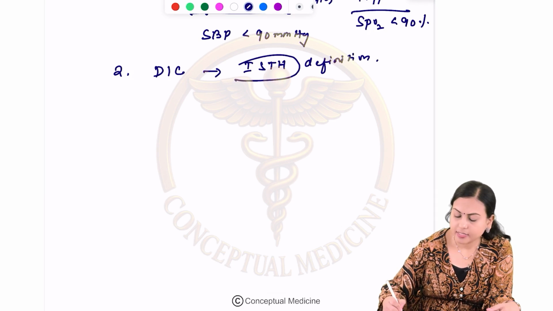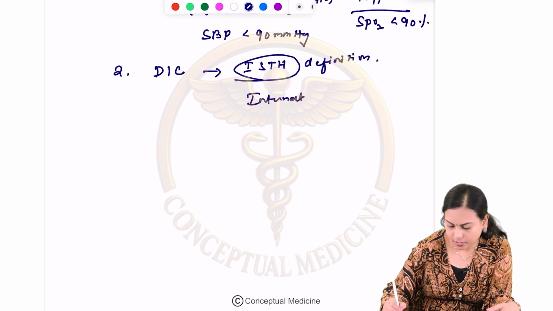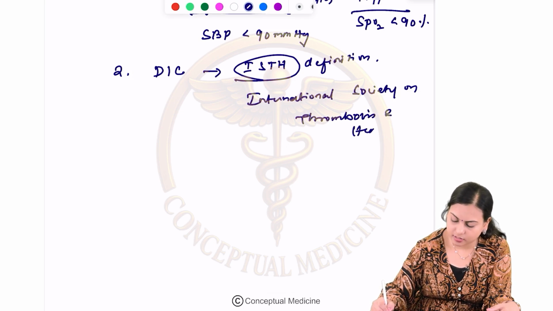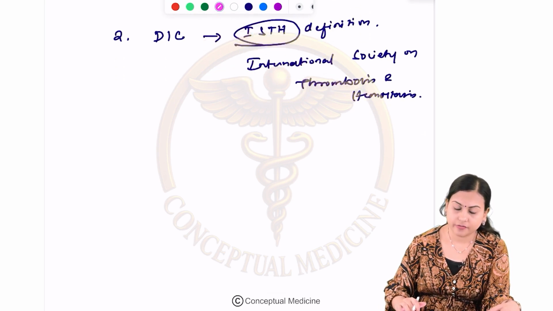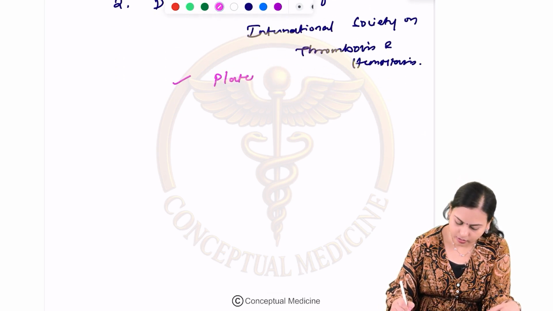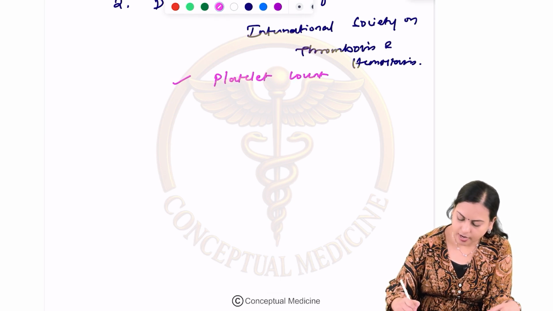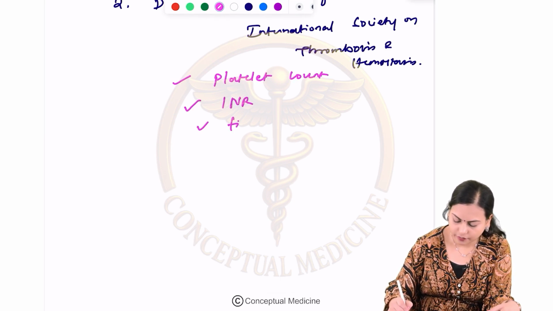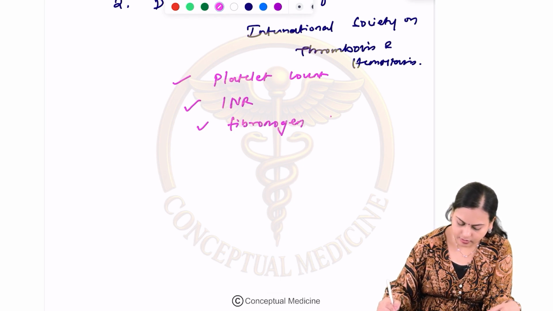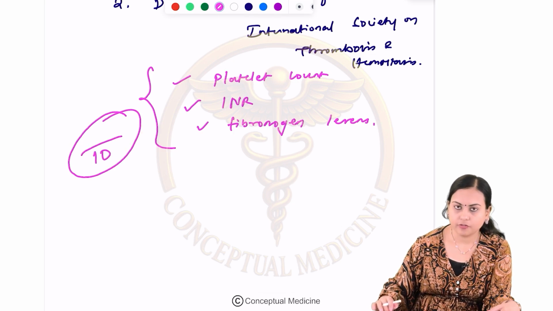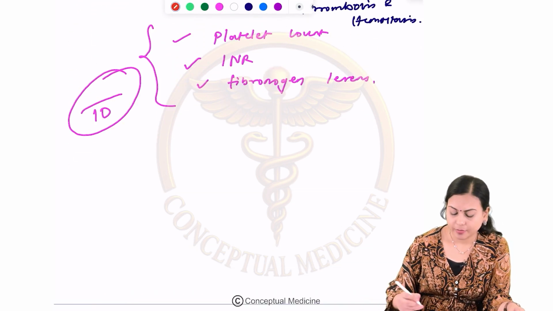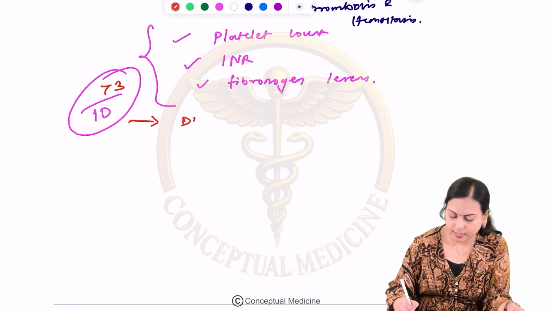ISTH means International Society on Thrombosis and Hemostasis. That should be based on 3 factors alone: the platelet count, INR levels and fibrinogen levels. This is scored up to 10, and if the score is more than 3, then DIC is confirmed.